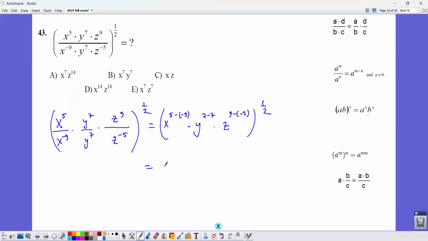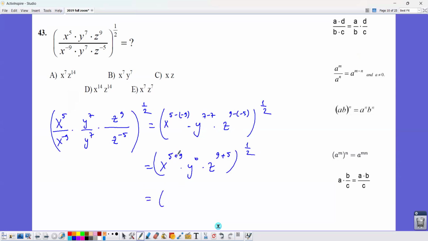Then this part becomes x to the power of 5 minus and minus it's plus 9 times y to the power of 7 minus 7 it's 0 times z to the power of 9 plus 5, all of them to the power of 1 over 2.